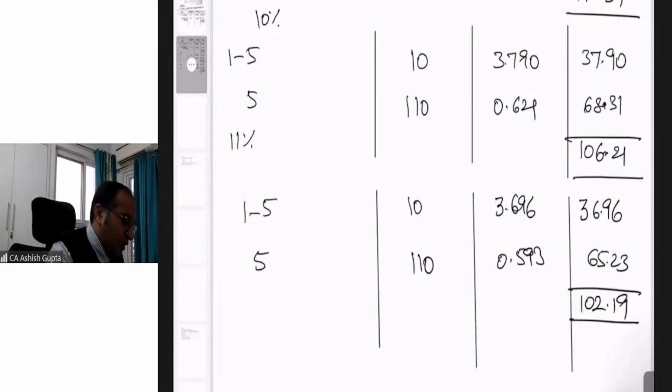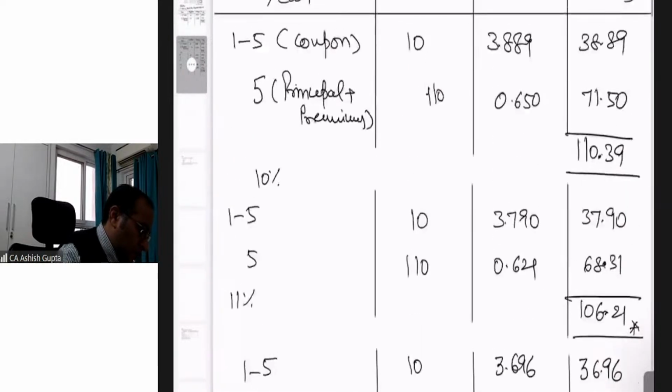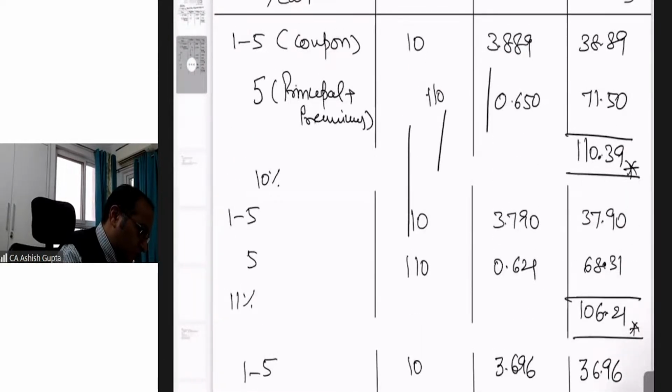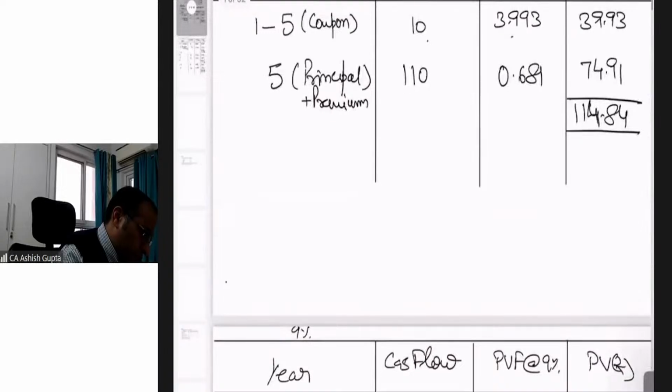Okay, student, so we have reached the four values. Okay, this value.